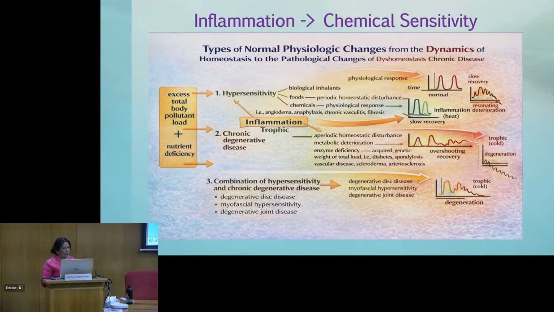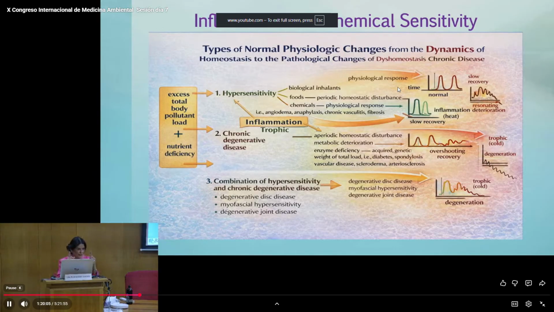And so when there is excess total body load and pollutant load and nutrient deficiency, which may be primary or secondary from overutilization, from adaptation, one develops inflammation.